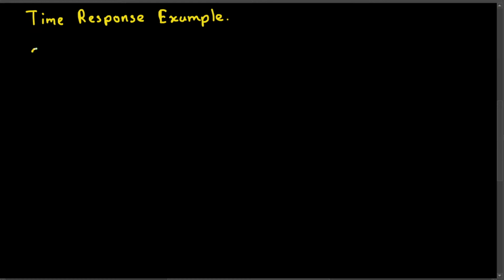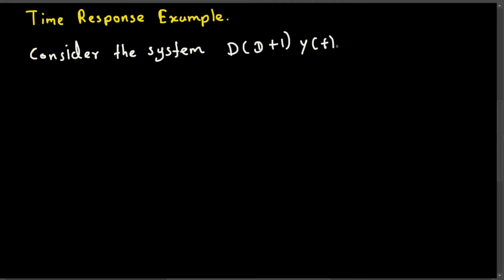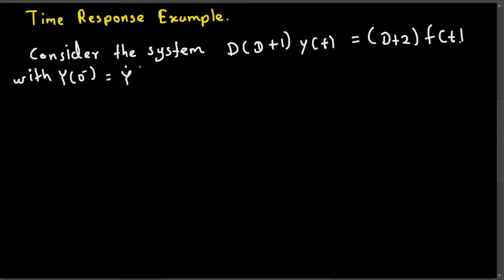Consider the system (D+1) y(t) = (D+2) f(t), with y(0-) = y'(0-) = 1, and f(t) = u(t), a unit step function.